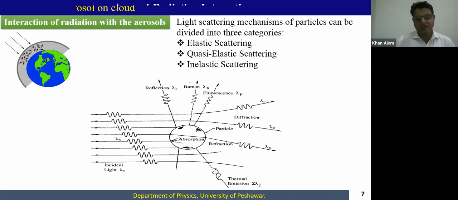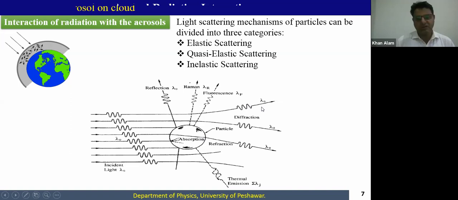Elastic scattering is when the incident light wavelength and the scattered light wavelength are the same. However, in inelastic scattering, the incident light wavelength and the scattered light wavelength are not the same.